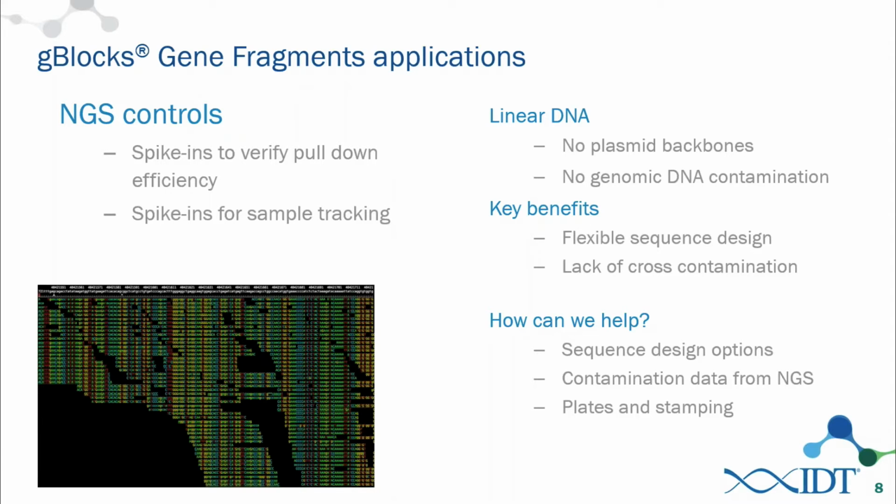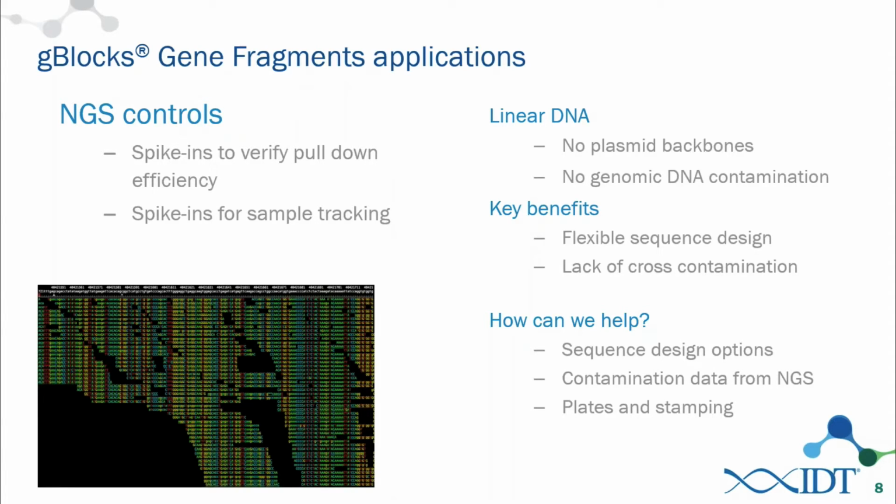We also make gBlocks for customers to use in sample tracking as a spike-in. By spiking gBlocks into samples after they've been collected, you have an internal identifier that can identify that sequence no matter whether a label is lost or a tube is mixed up or anything happens to it. So it's a great level of security to have available.